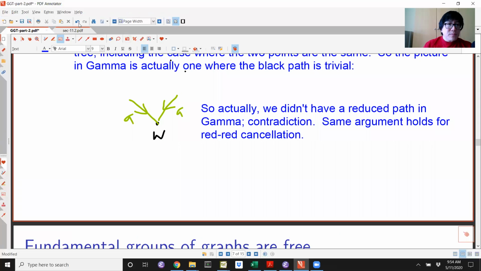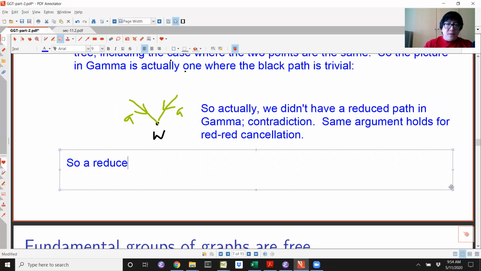So a reduced path. So right, oh, there's one case left. What if we have a reduced path loop that's entirely black?